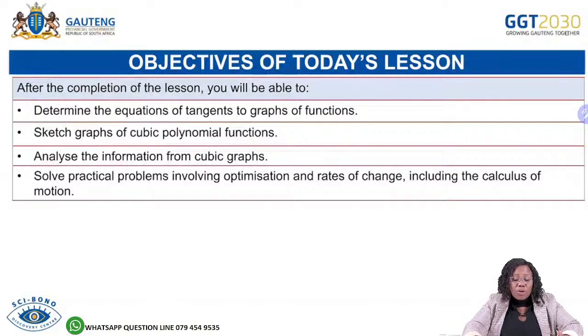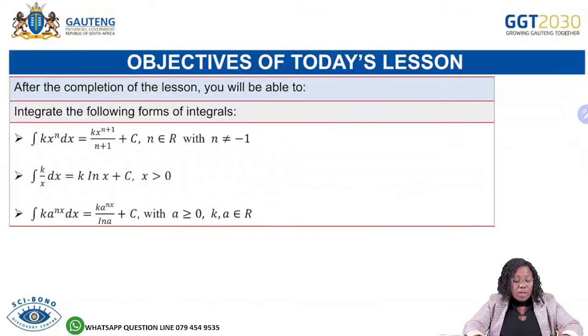That means we are talking about the cubic function, and then sketch the graph of cubic polynomial functions. You must be able to analyze the information from a cubic function, and solve practical problems involving optimization and rate of change, including the calculus of motion. We are still on differential calculus, grade 12.